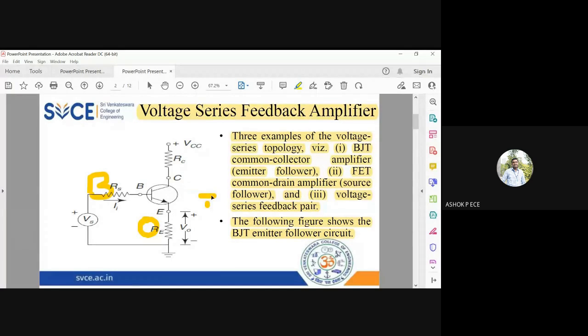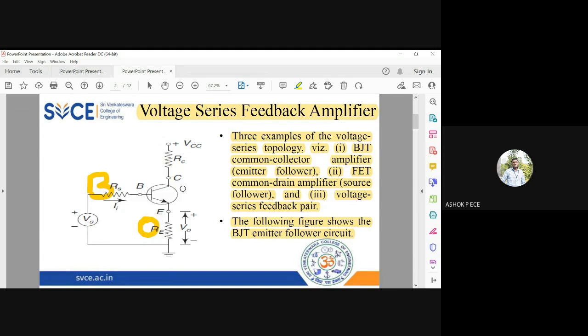I will be connecting VCC to my collector. So this is a common collector amplifier. When you do analysis, either the terminal should be grounded or it should be connected to a battery source. That is the requirement. The collector is the terminal where you give your biasing, right? So if I ground my collector, there is no point in operating my transistor.